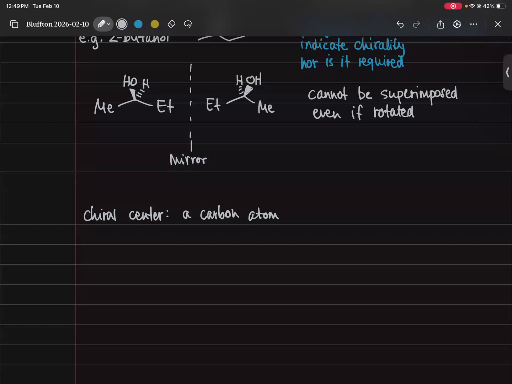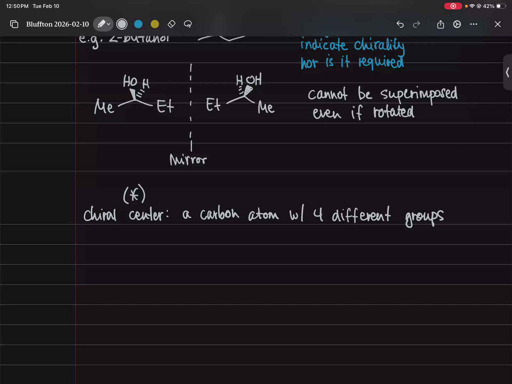Stereocenter, chiral center, anything, is a carbon atom with 4 different groups attached to it. And a lot of times we'll indicate a chiral center with an asterisk or a star or something like that. Not required.